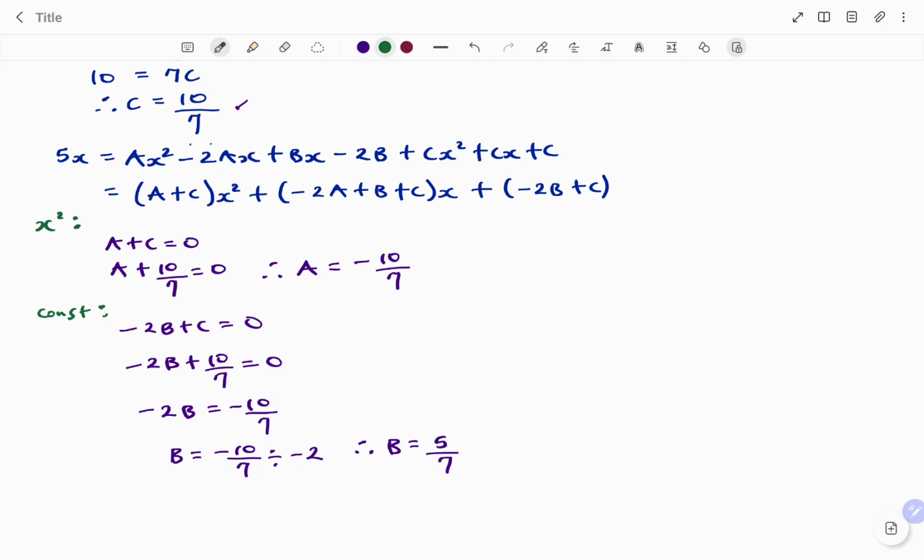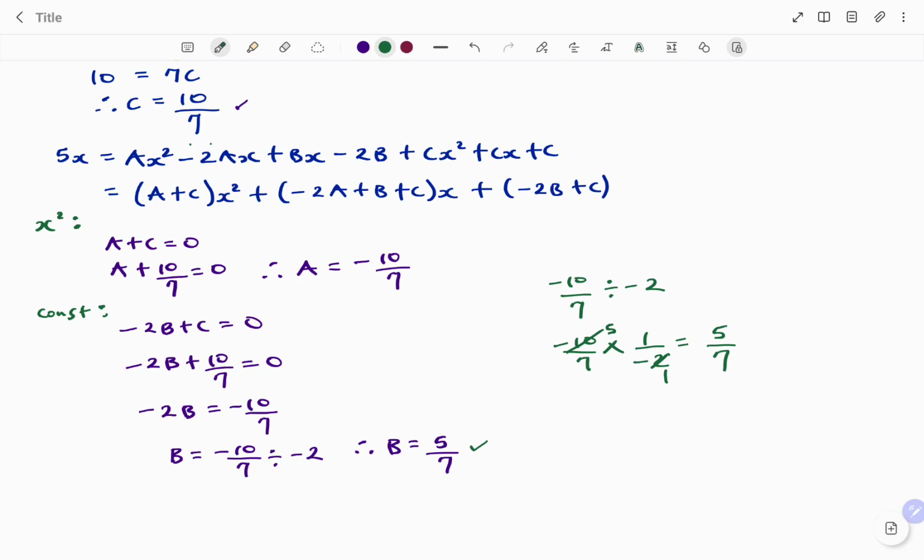I got that from minus 10 over 7 divided by minus 2: I change my division sign to multiplication, and then I flip the right hand side. That will be positive, negative times negative is positive, so I have 10 divided by 2, that's 5, 2 into 10 is 5, so my final answer will be 5 over 7 as given.